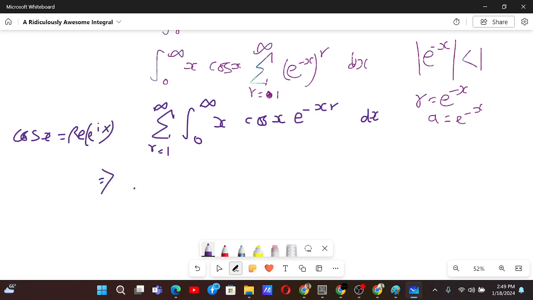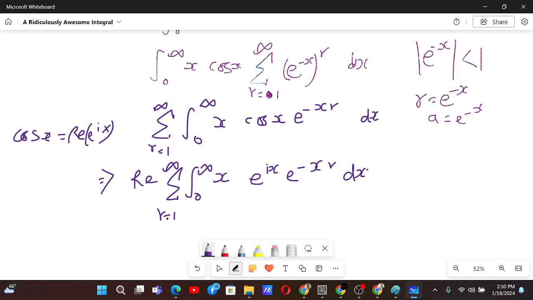And that gives us the real part of the sum from r equals 1 to infinity, integral from 0 to infinity, x e to the power ix e to the power minus xr dx.